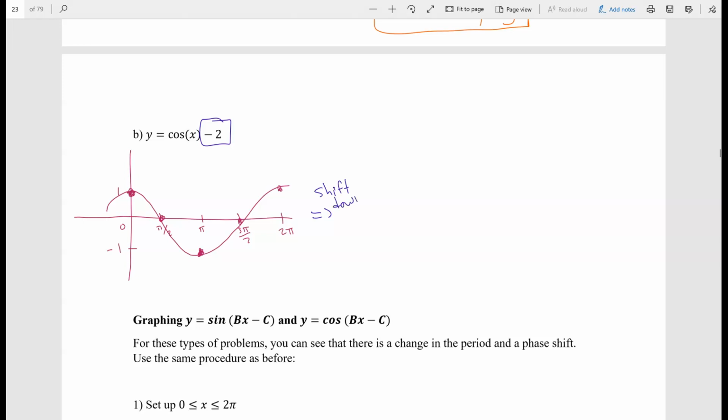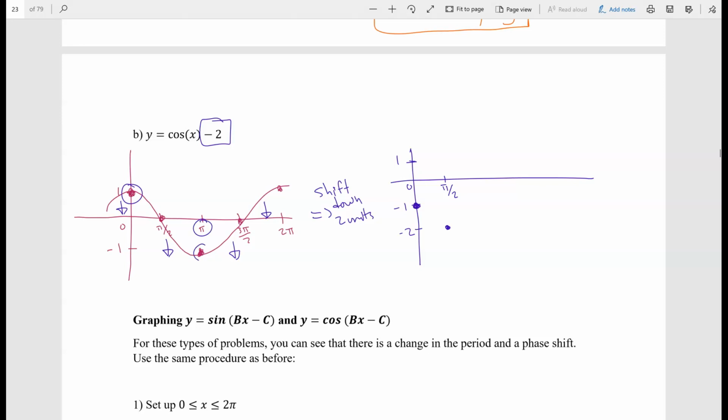Shift down 2 units. Okay, so that means that this graph is going to go downward. So instead of 1, which previously was at 1, shifting it down 2 units is now going to be a negative 1. At pi over 2, shifted down 2 units, is going to be now at negative 2.